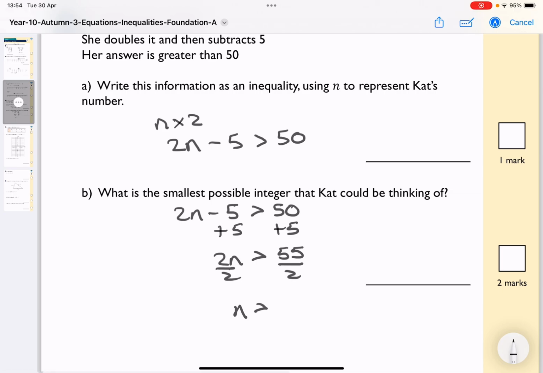Half of 50 is 25, half of 5 is 2.5, so what I've got is 27.5. It's n is bigger than that, and then it's using this word integer. Don't forget that integer is whole number. So all of the whole numbers bigger than 27.5: 28, 29, 30, forever. And of course the smallest one is 28.